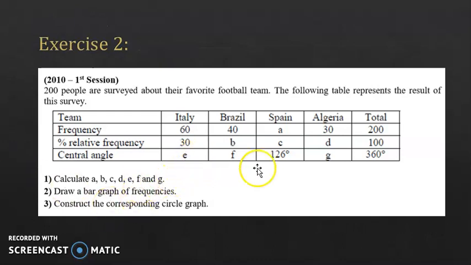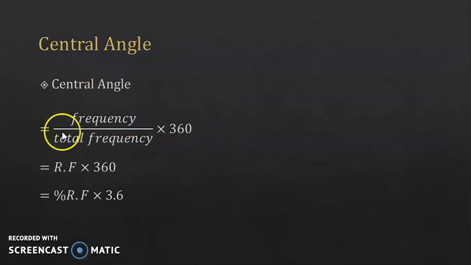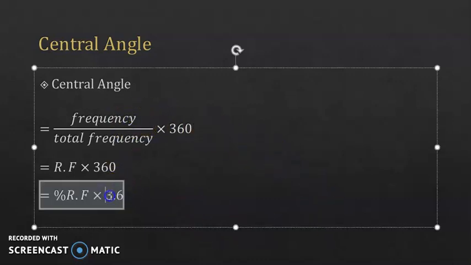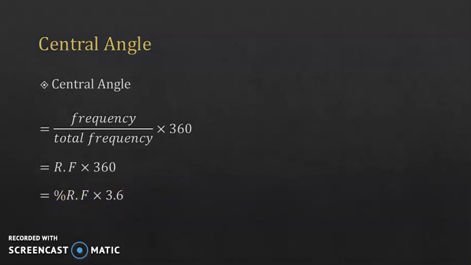Now for E, F, and G. E, F, and G are the central angles, and recall that the rules for the central angles are these three forms. Now, since in the table you have a row for the frequency and a row for the percentage relative frequency, then you can use either this one or this one. But this one seems shorter, so I'll use this one, percentage relative frequency times 3.6.